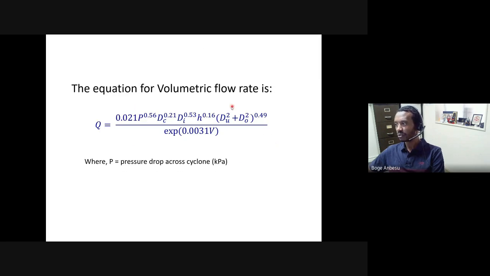In this case, for example, by just playing with the volumetric flow rate, which again is dependent on the inlet pressure, you can relate the two and optimize, and see what the effect of changing the pressure is on cyclone performance.